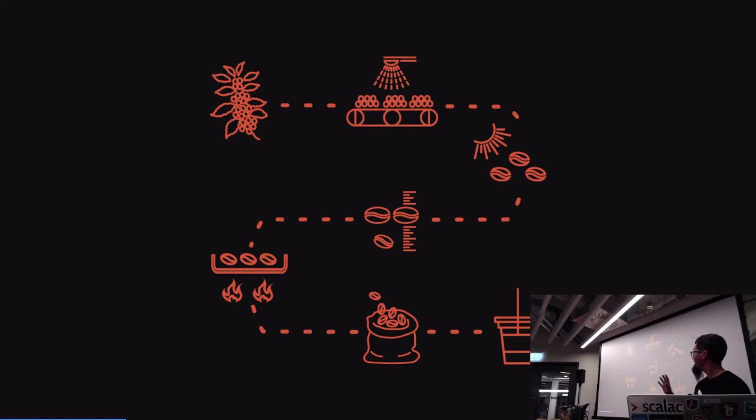Let's imagine that we've got a stream of coffee beans coming out of the farm, and we want to get our drink. To accomplish that, we need to put many steps in between the input stream and our output stream, and you can think of that as a stream of piped operators.